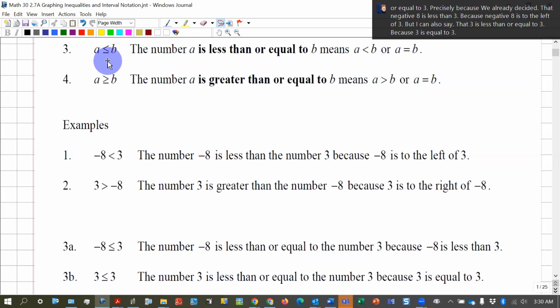One number is less than or equal to a second number if either of these 2 things is true. Either the first number is less than the second number, or the first number is equal to the second number.